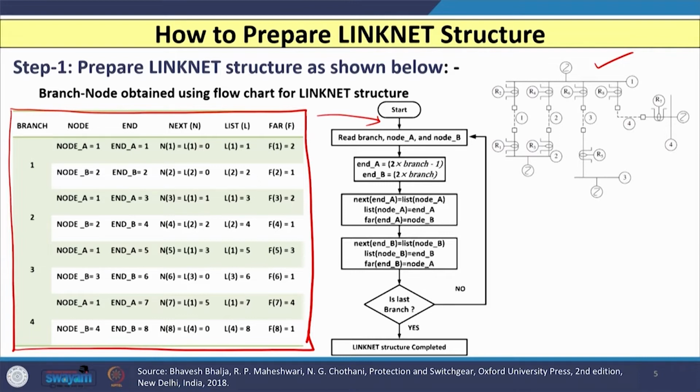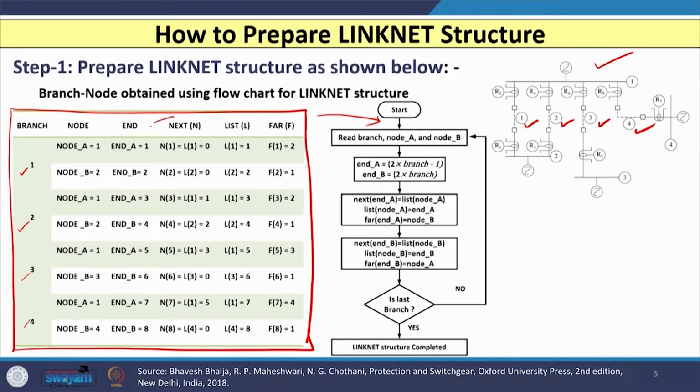In this case we have to prepare the table considering the first column as the branch. As I told you, 4 branches are there for this given network, so in the first column I write branch, and then branches 1, 2, 3 and 4. For each branch we need to calculate the 3 one dimensional vectors, that is next, least and far.